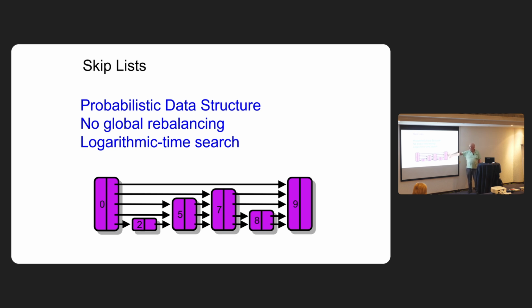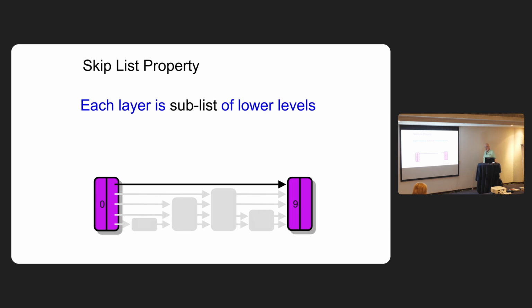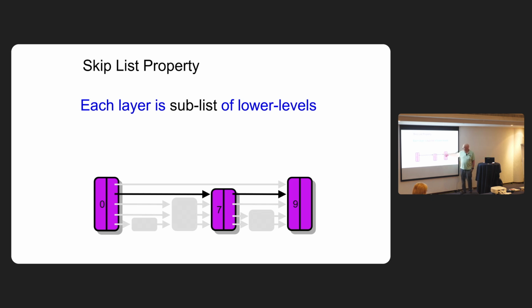And here is a schematic drawing. The idea is that a skip list is represented as a hierarchy of paths with the property that each layer here is a sublist of the lower layers. This high-level one just goes from the first one to the last one. If we drop down one level, the second path is strictly larger than the first.